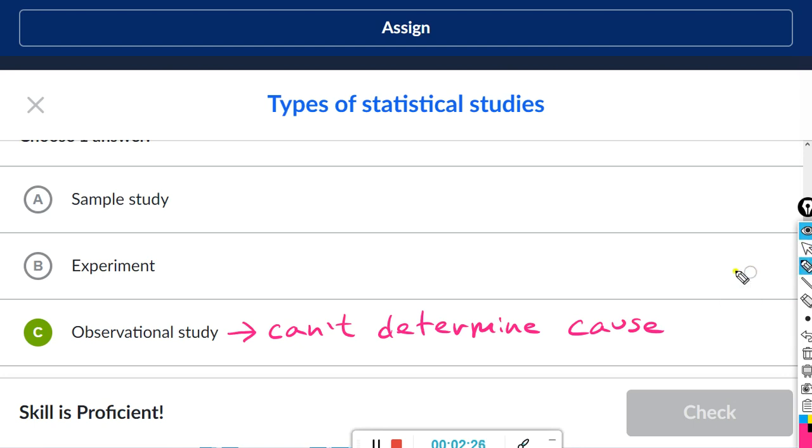In order to see if the medicine really caused that, you would have had to do an experiment. You'd give the drug to one group of people, and the other group you'd give a placebo. That's the only way to see if the medicine works. For an observational study, you can't use that type of study to determine cause and effect.